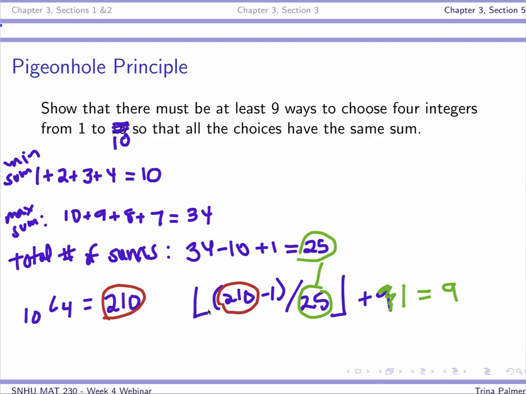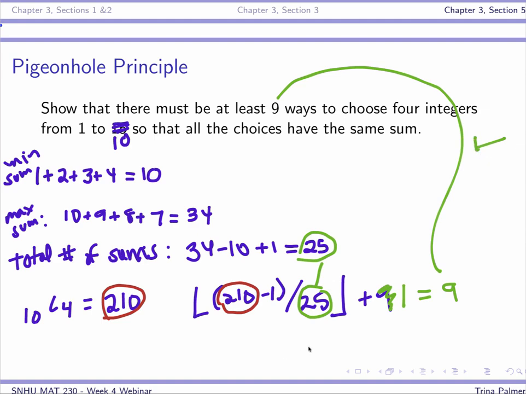So the floor function means if you get like 5.5, it would be 5. So when you do 210 minus 1 divided by 25, you don't get a whole number, so you just kind of round down to get an integer. And then we're going to add 1, and you get 9, and that's what we were trying to show. So we got it, check.